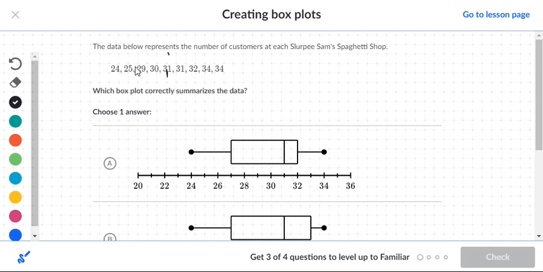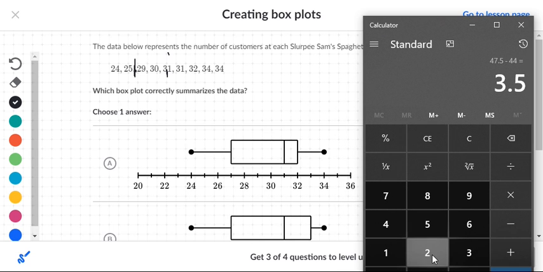Now, what is quartile 1? Well, quartile 1 is between 25 and 29. So we want to go between 25 and 29. So 25 plus 29, and we want to divide this by 2, is equal to 27.